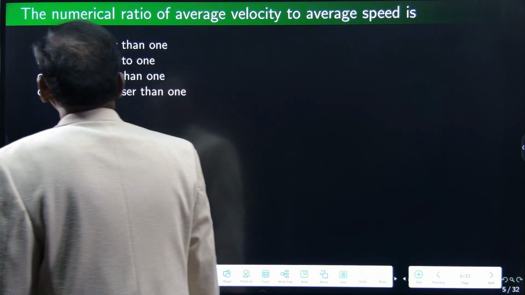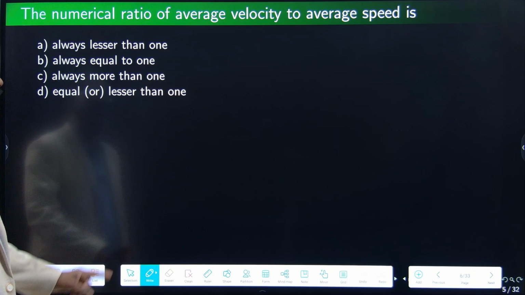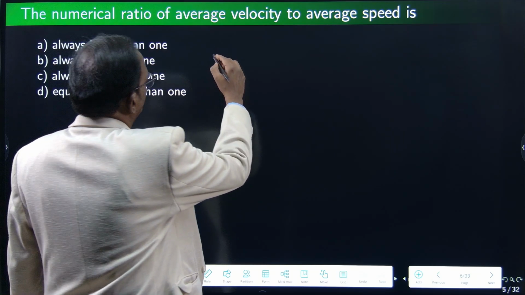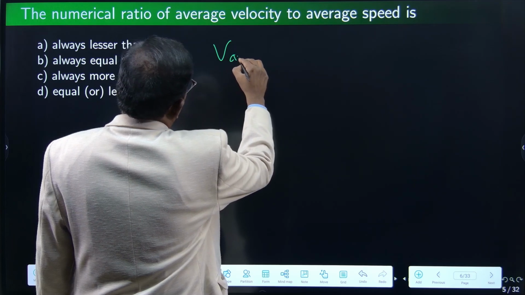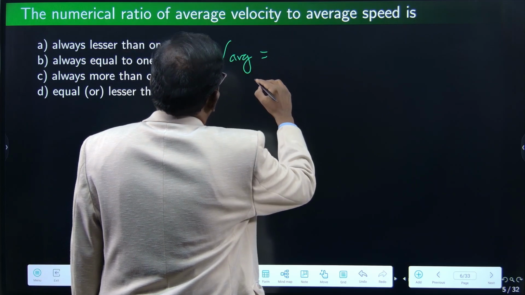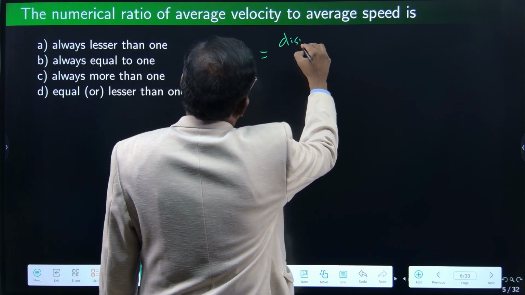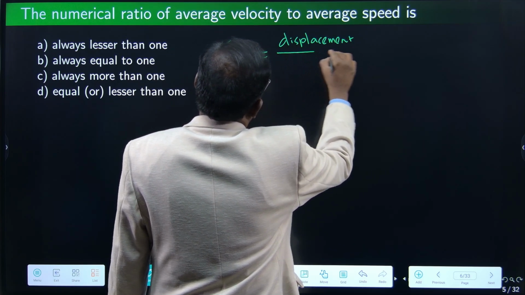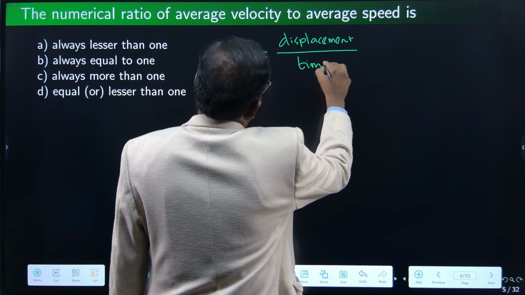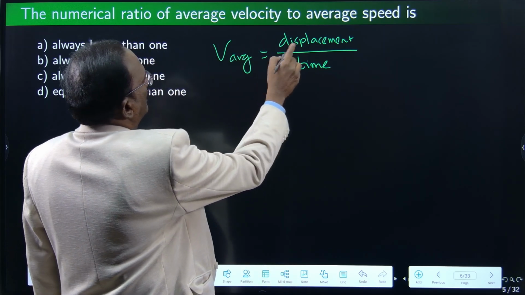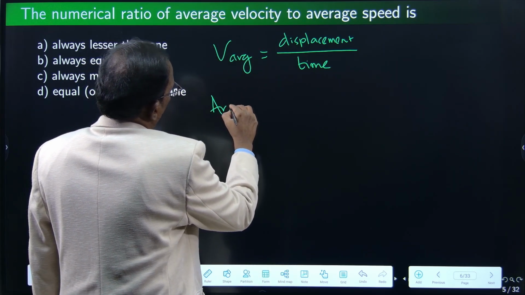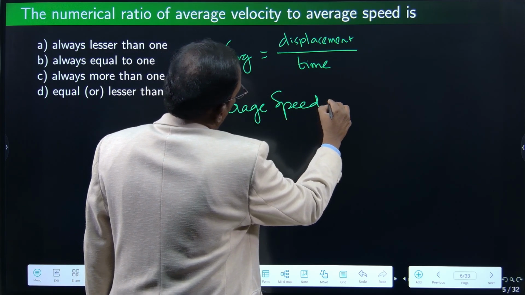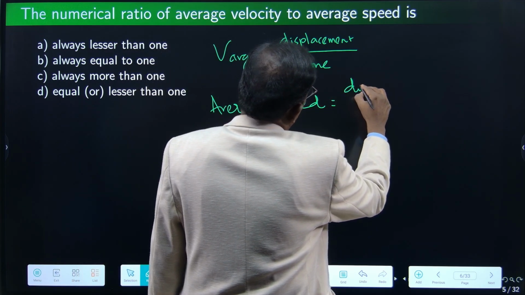Right, some numericals we will try to solve. This is one question: the numerical ratio of average velocity to average speed. Average velocity, V average, is equal to displacement over time. Then average speed is total distance over time.